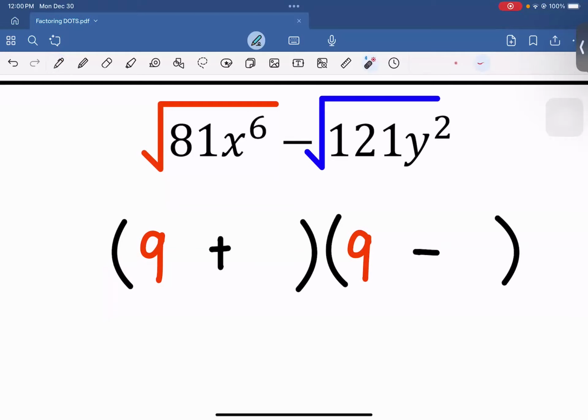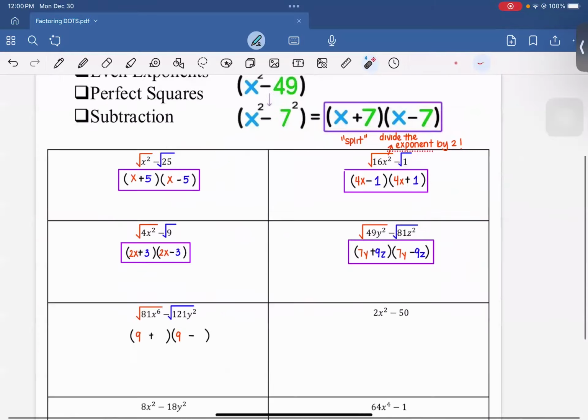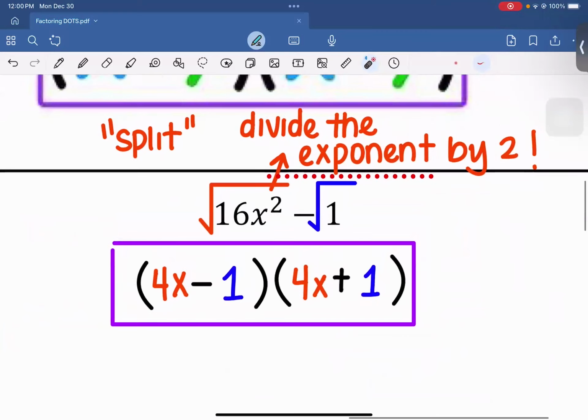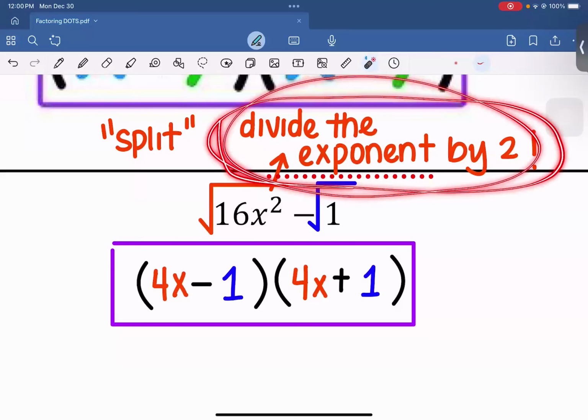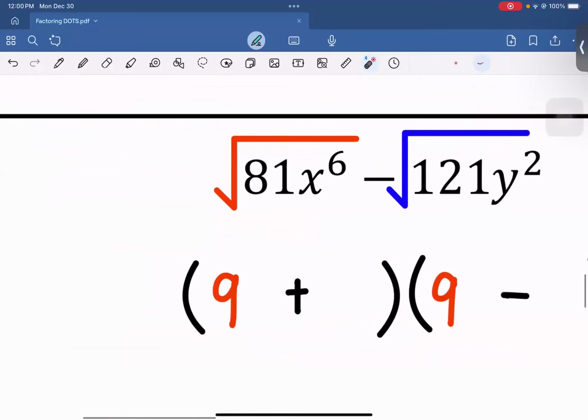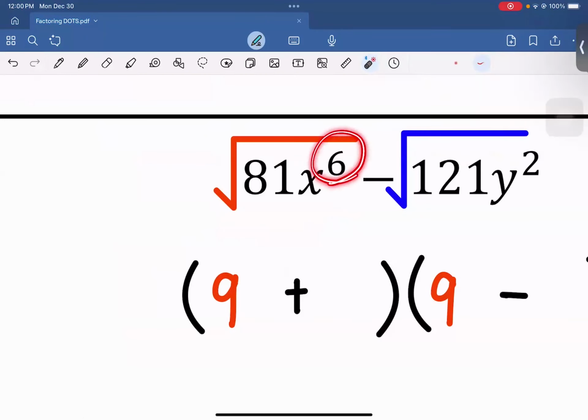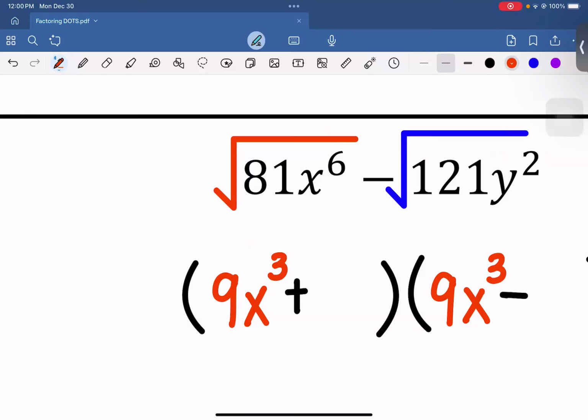And then here, this rule: anytime we're taking the square root of a variable with an exponent, we're dividing the exponent by 2. So down here, 6 divided by 2 is going to get us to 3. So instead of just being a regular x like we have been doing, it's going to be x to the 3rd power, just like that.